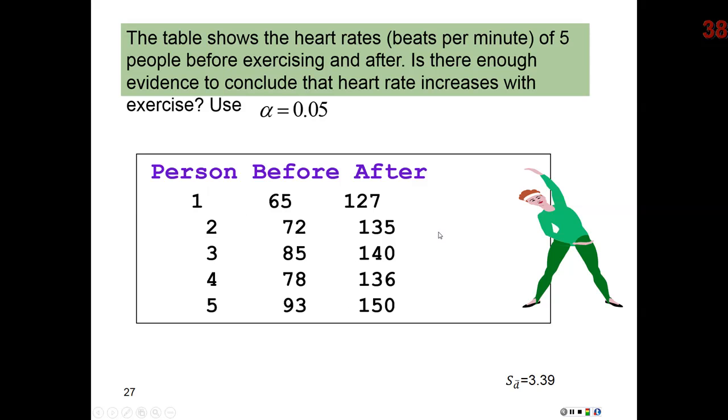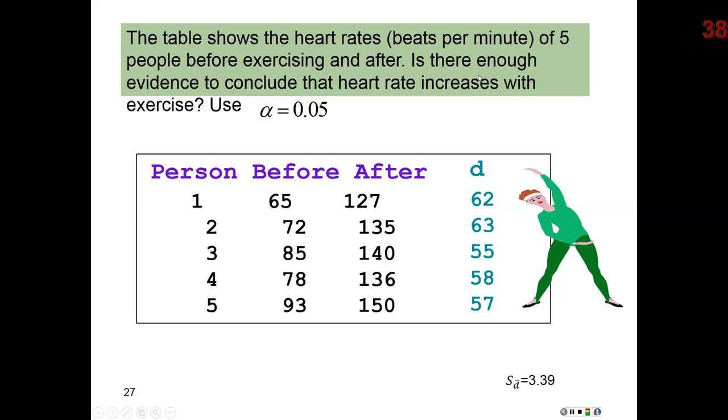When you subtract them, 127 minus 65, what's 135 minus 72? Okay, what is 140 minus 85? Okay, what is 136 minus 78? What is 150 minus 93? Okay, so we have those.